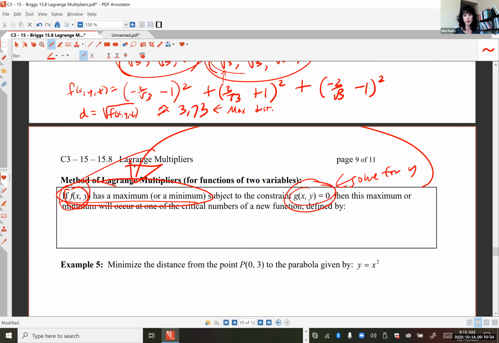And you know how to find maxes or mins in the world of Calculus 1, right? Yes. I hope so. Okay, so that would be how you could do it the Calc 1 way.